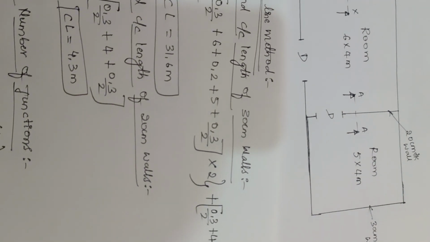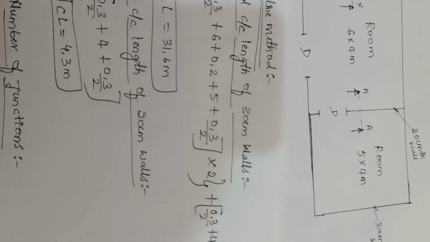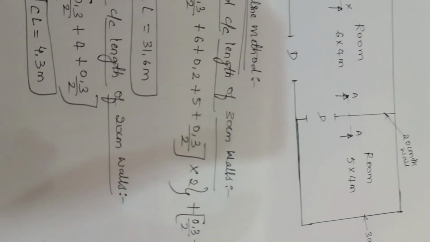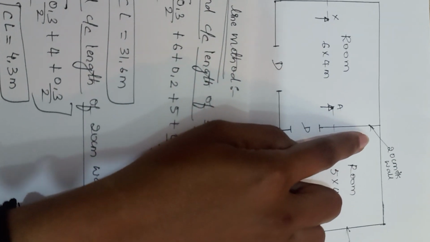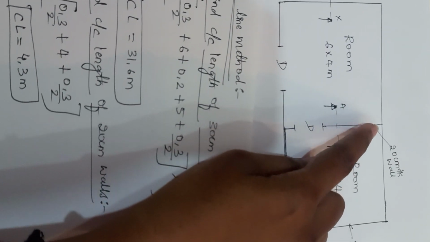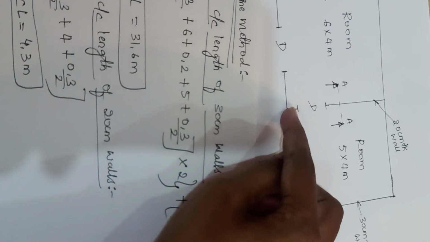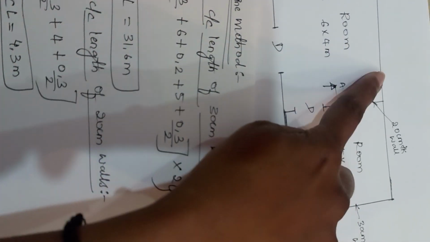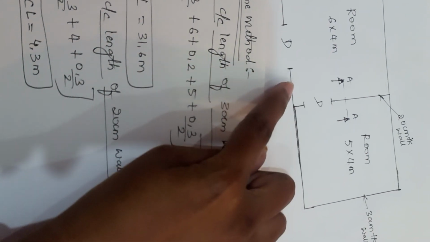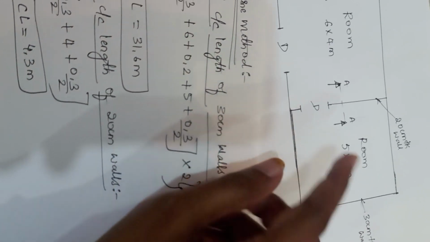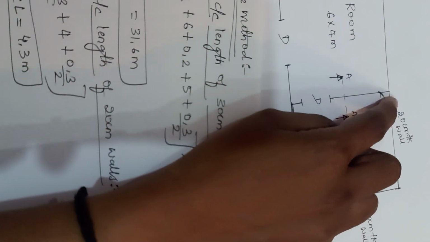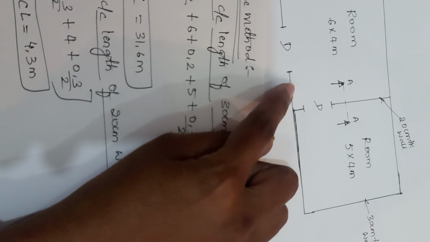Then moving to the next type of junction, you have to look at the second case, that is your 30 centimeter wall coinciding with your 20 centimeter wall. As this is your 20 centimeter wall and the horizontal top as well as the bottom are both 30 centimeter wall, you may get two junctions here, one at this point and the other at this point.